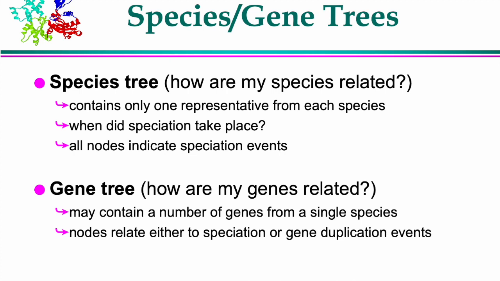There are actually two types of trees. One is called a species tree, one is called a gene tree. A species tree basically means how these species are related. In this case, typically you will choose one sequence as a representative for that species. And then basically if you have 10 species, you have 10 sequences. And these 10 sequences, if they are aligned, they're supposed to be so-called orthologs.